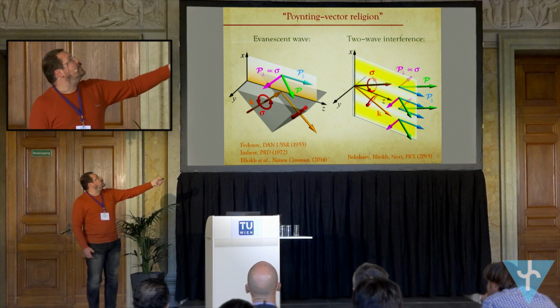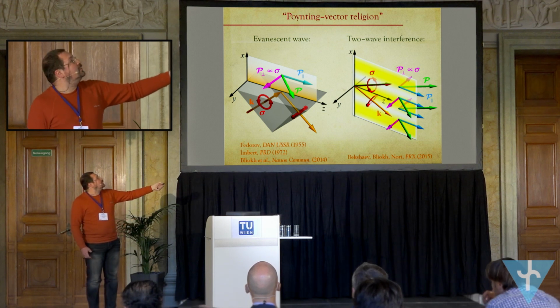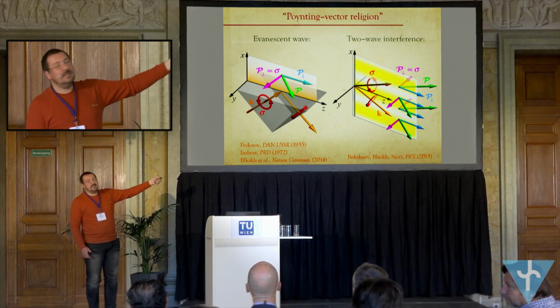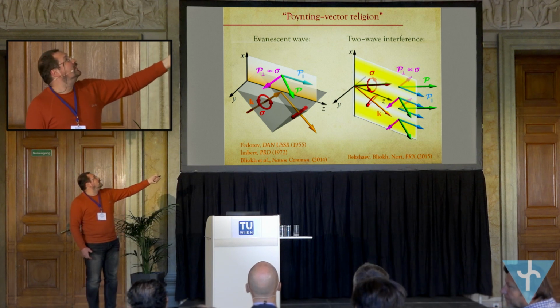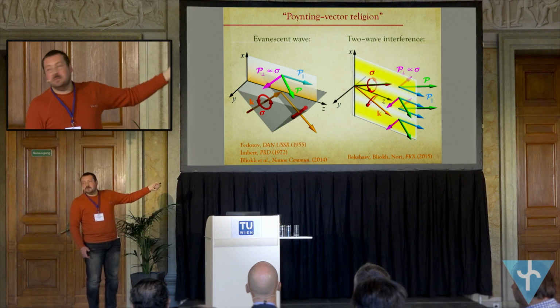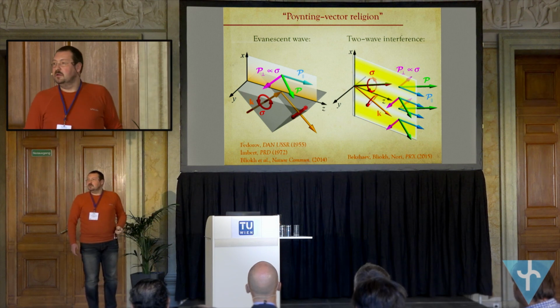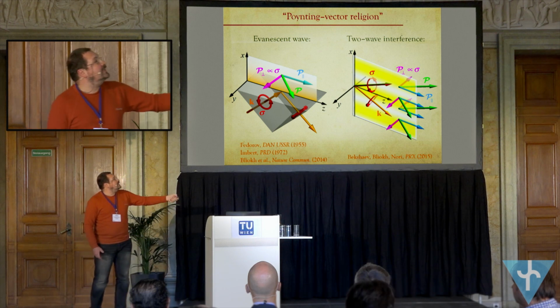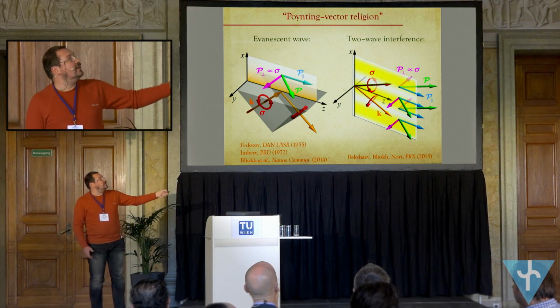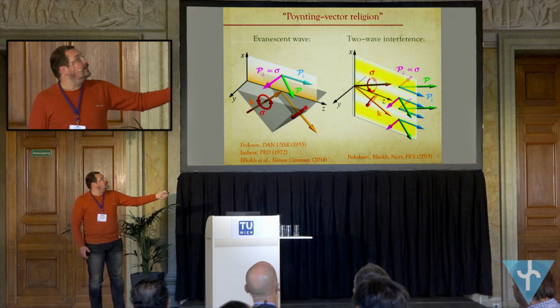And if we calculate the Poynting vector here, it's shown by the green arrow. It has an anomalous transverse component, this purple component, which is proportional to the degree of circular polarization, to the spin of the incident wave. And the same happens in this inhomogeneous interference field.